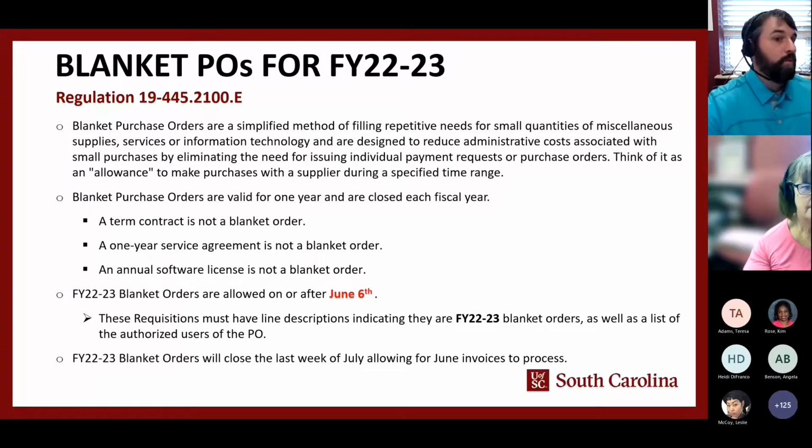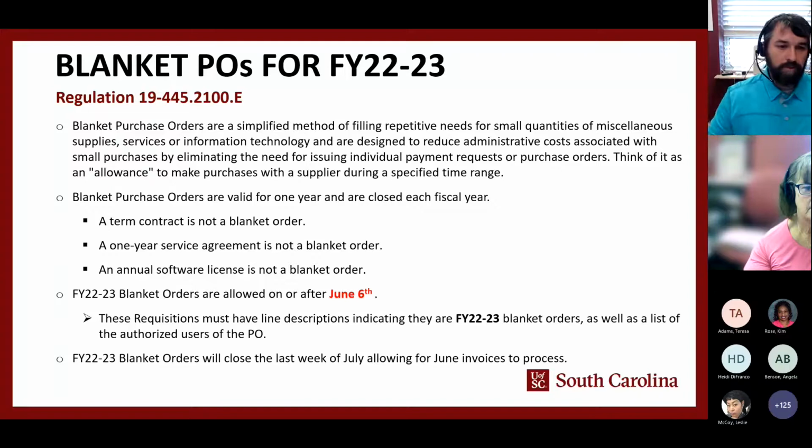Now, if you have miscellaneous repetitive needs for some type of maintenance services on some equipment, not necessarily tied to a service agreement, then you may have a blanket order for something that is more well-defined and in alignment with what the blanket purchase policy is all about.